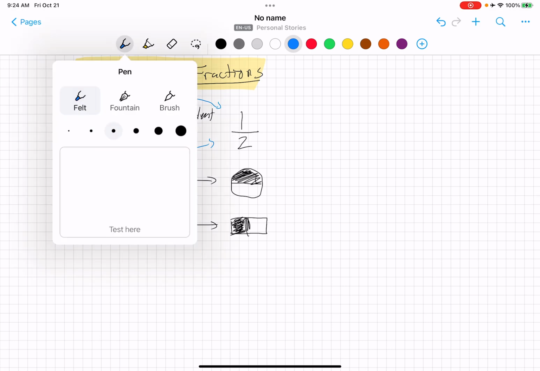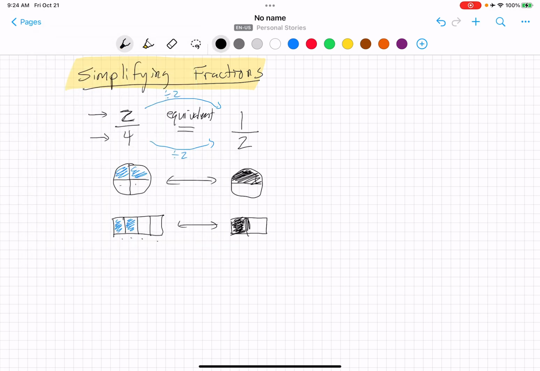Let's do another example together, just so that we feel a little bit more confident with it. Let's say I were to give you a fraction of 3 over 6. Again, I can draw a picture to help me represent this amount. And I'm going to color in the values that I have.